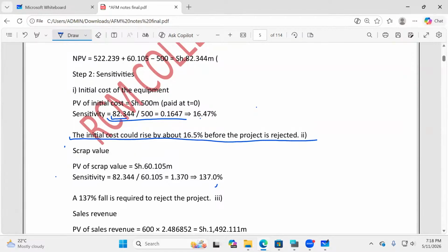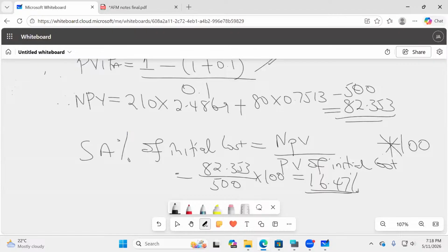Now, my great students here, I want you to go ahead and give us the sensitivity analysis of the second factor, which is scrap value. Let's see who will be able to get this correctly. The first student will be able to pin this down.